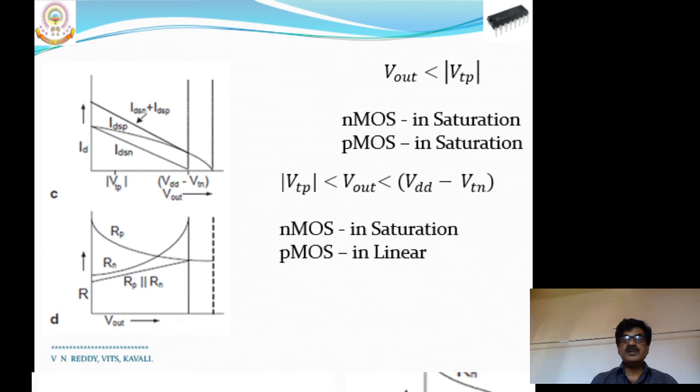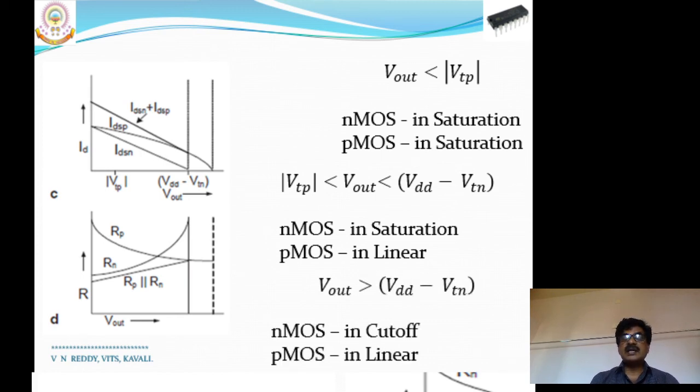You imagine the characteristic curves of MOS transistors: what is saturation region operation, what is linear region operation, and what is cutoff region of operation. Similarly, suppose the output voltage is greater than VDD minus VTN, that is, the output is almost equal to VDD. So what happens? The Nmos transistor goes to cutoff state.